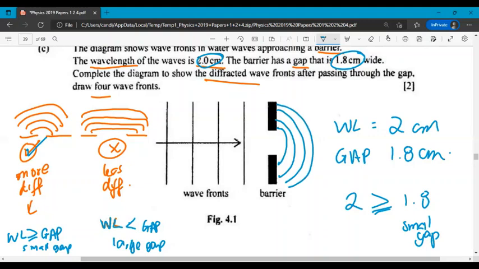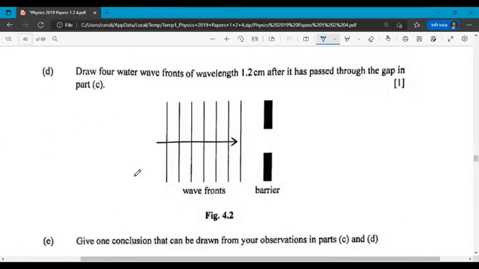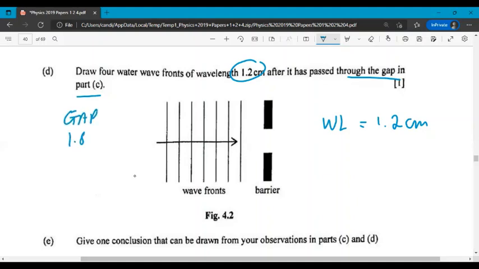Okay, let's look at the second situation. We have a wavelength of 1.2 centimeters, and it passes through the gap in part C, and so the gap was 1.8 centimeters.